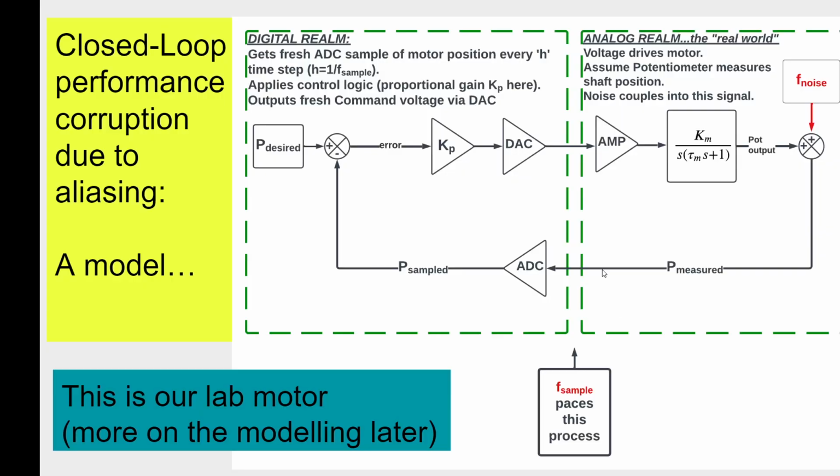And that is the remedy in all cases, right here in the analog domain, there needs to be a low-pass filter. A perfect filter would have a cutoff frequency, of course, no greater than f sample over 2. We would want to destroy all signal above f sample over 2. Now, there's no such thing as a perfect filter. There'll always be some noise, some frequency component on this line that we are going to sample.